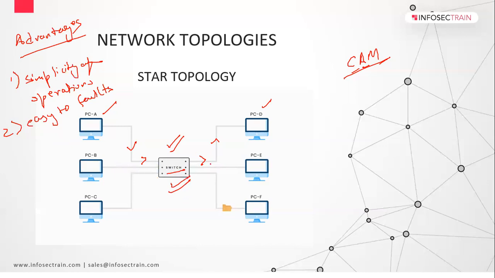So if there is a flaw in the wiring of PCE, when PCB wants to send data to PCE and the data is not reaching, we can find out that either there is a problem with the wiring of PCE or with the wiring of PCB. Nothing else can be the cause, right? So that's how it becomes easy to detect faults.